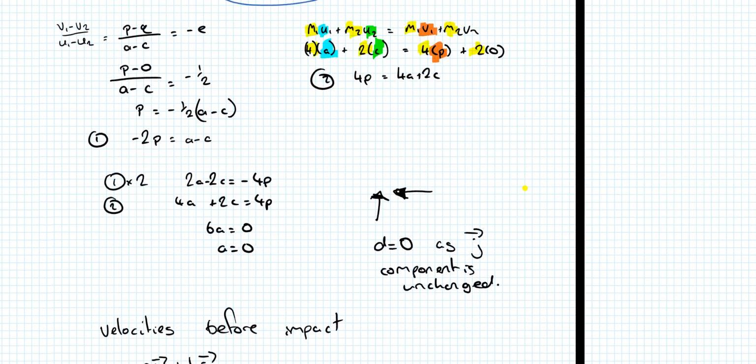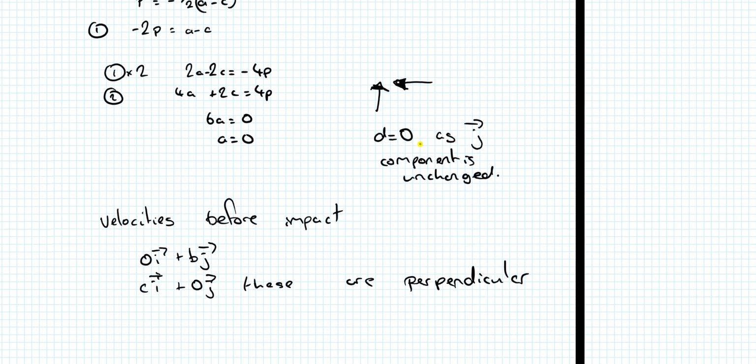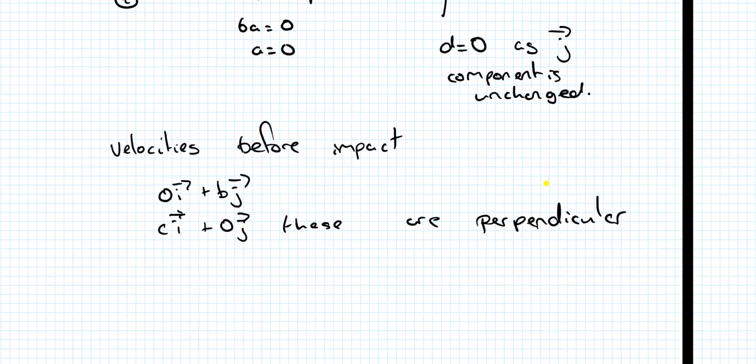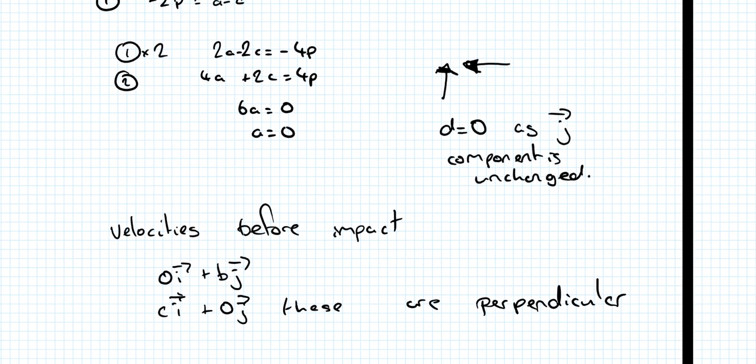So we know then that if d is equal to 0, as the j components are unchanged, the velocities before the impact are 0i plus bj, and ci plus 0j, and that these are perpendicular, and that's the question proved. That's the question proved, that they are moving perpendicularly to each other.